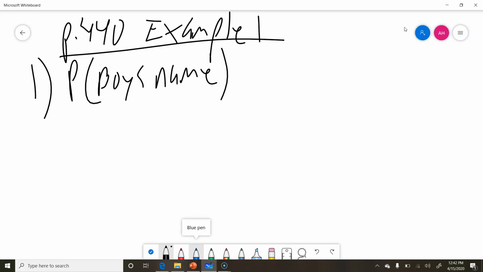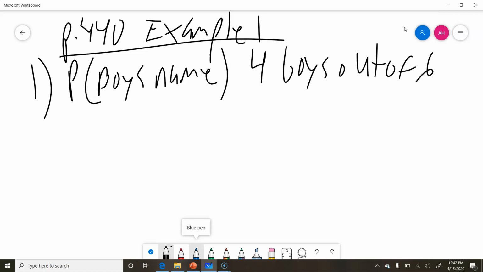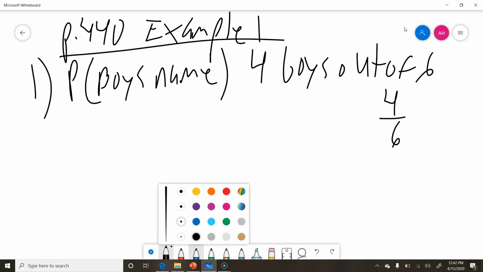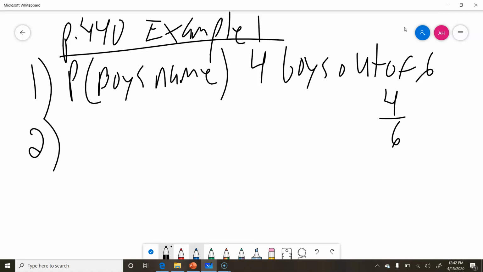If you count up how many there were, there were 4 boys out of 6. So we'd write that as 4 over 6. Again, that's the last lesson. You guys knew how to do that. So number 1 is 4 out of 6. Then number 2 says a girl's name.